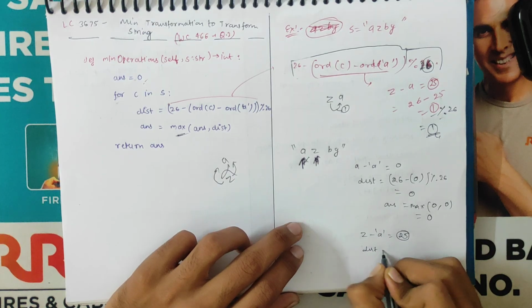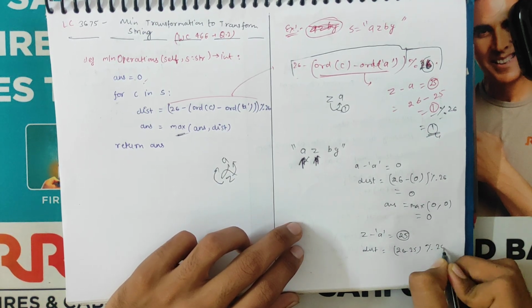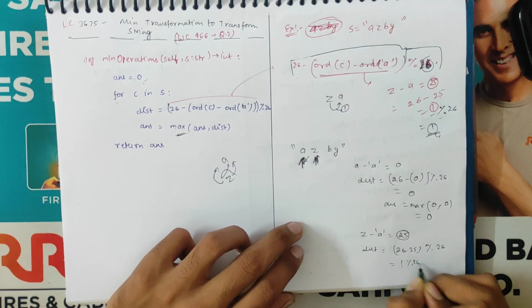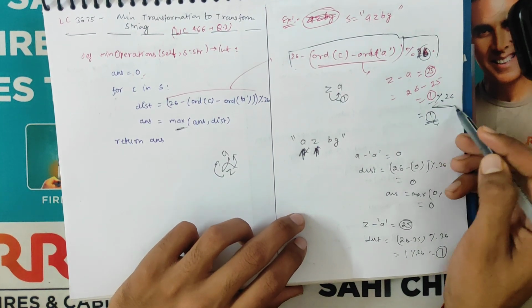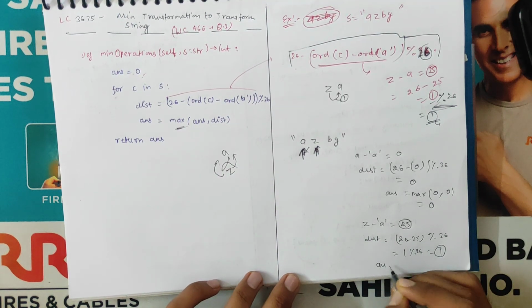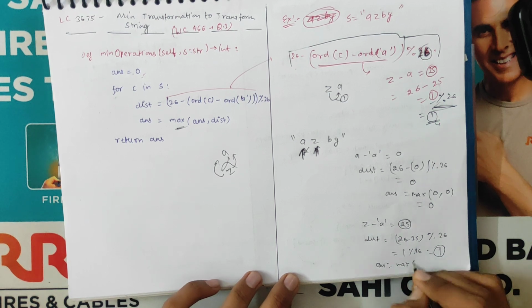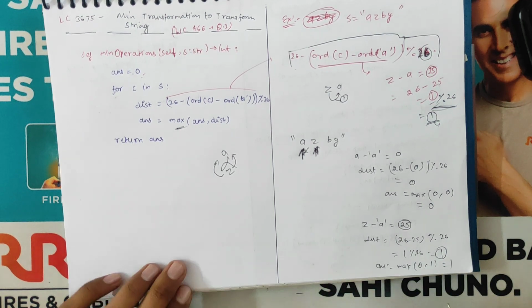So distance is 26 minus 25, modulo 26, which is 1 modulo 26, which is 1. It returns the remainder, and 1 is the remainder. So answer is the maximum of 0 and 1, which is 1.